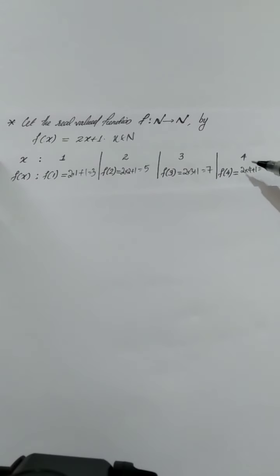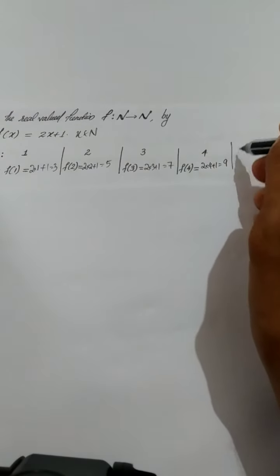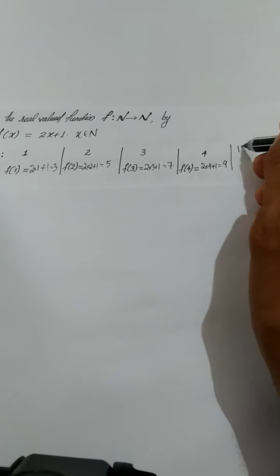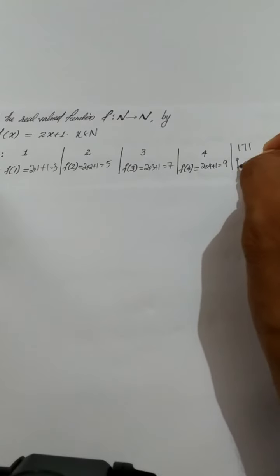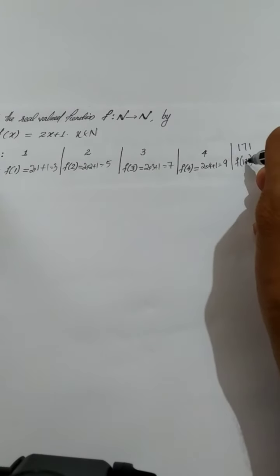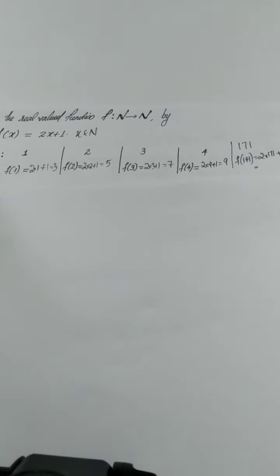So this is not finite. We can find every natural number here: 4, 5, 6, 7, 8, 9, 10, etc. Then we will get the image of that natural number. So for example, what is the image of 171? That means f(171). f(171) is equal to 2 into 171 plus 1.